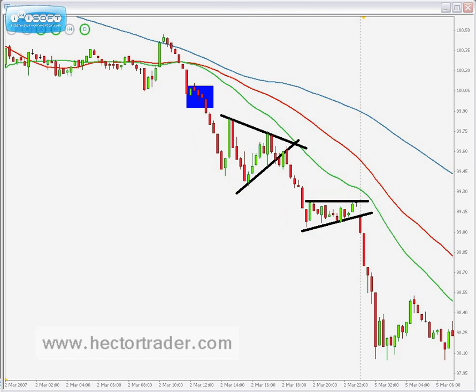If it is, just exit here manually. Your entry level was around here, your exit level is around here. There is like 60 pips from entry level to exit level. It's not too bad. It's definitely a juicy profit from one single trade.